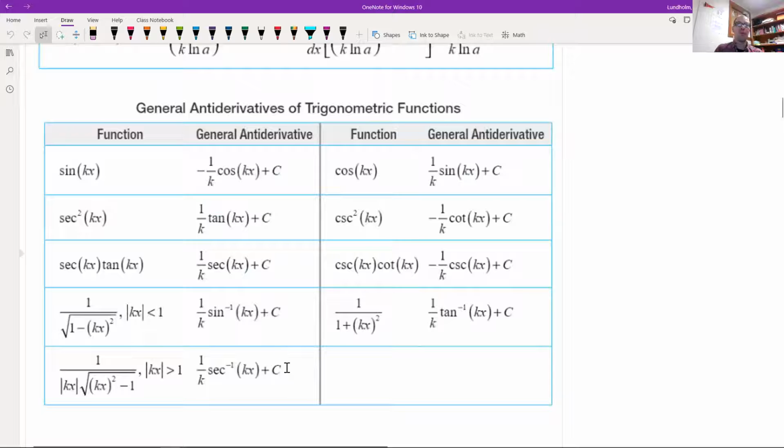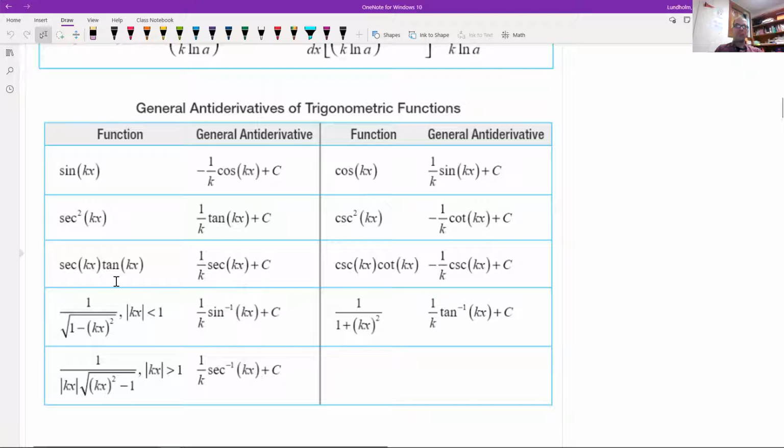Here's some more for the trig functions. We've got all of the antiderivatives that end up leaving us with things like cosine or sine or tangent or cotangent or secant or cosecant. We're looking for things that we can undo. Here are the arcsine, arctan, arcsecant. With these kind of expressions, we get back to that.